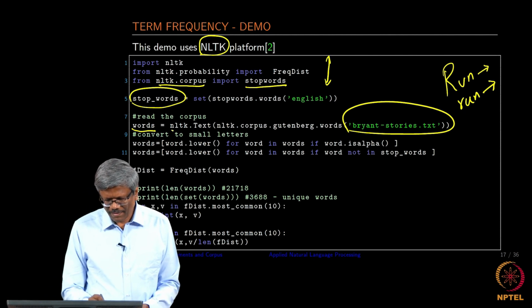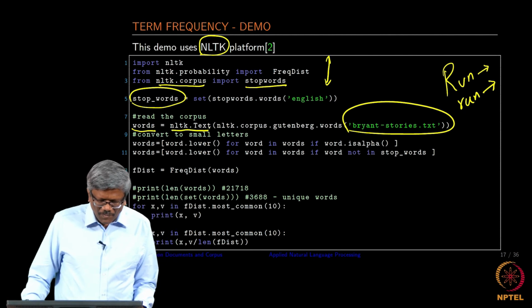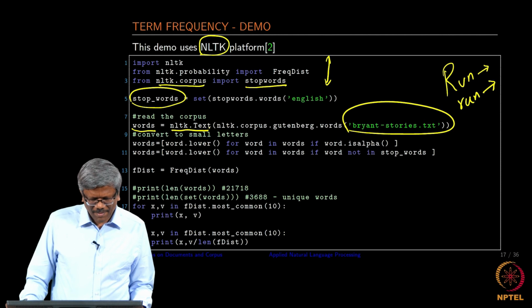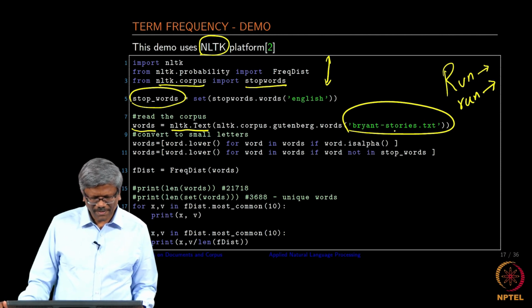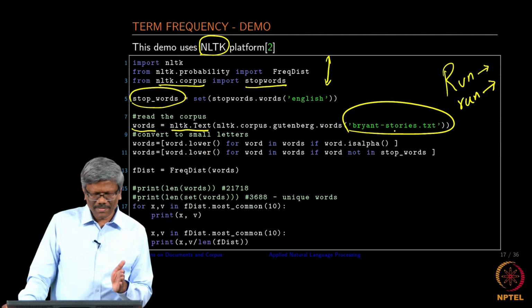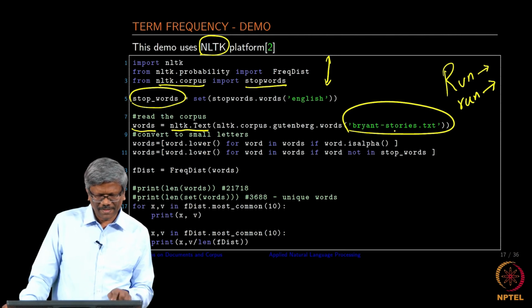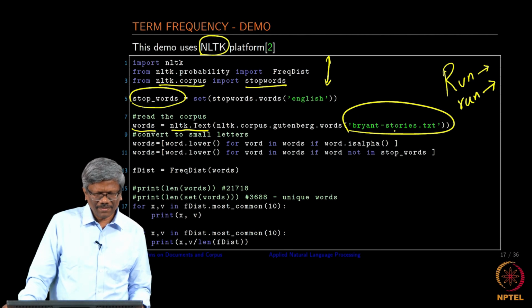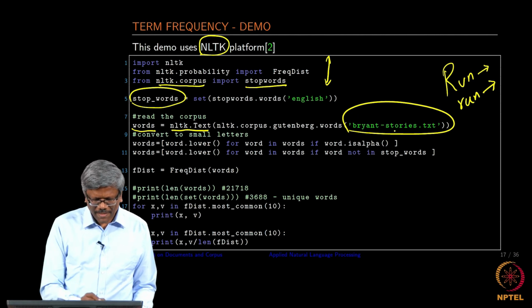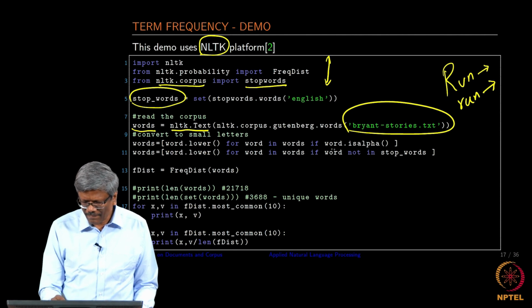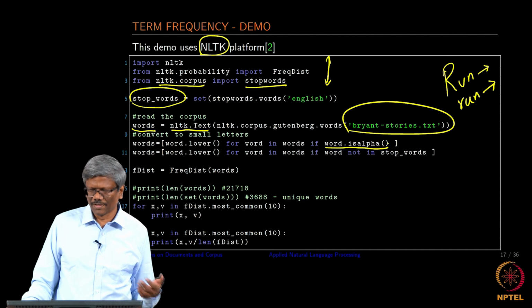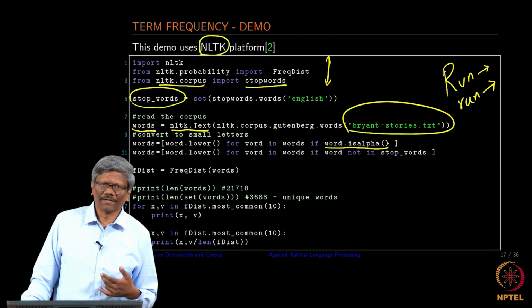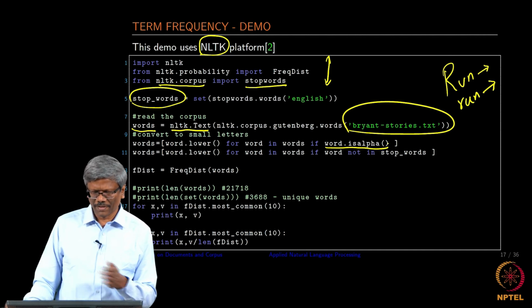This particular statement reads the corpus brianstories.txt, tokenizes each of the words, and puts them in the collection words. Then I am looking at whether the word is alpha or not. There could be some numbers, alphanumeric characters and so on in the given corpus.